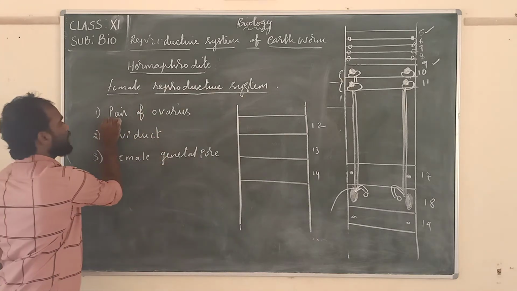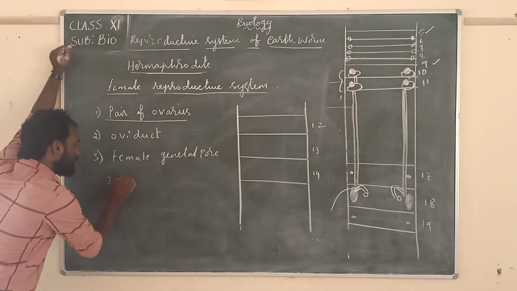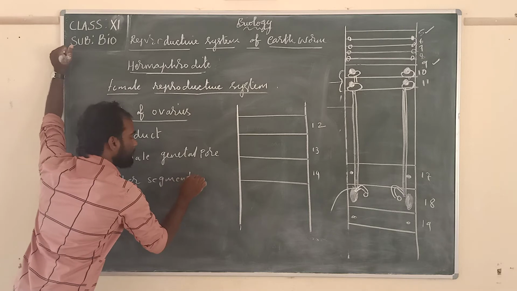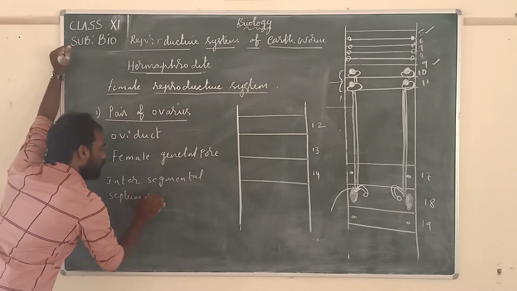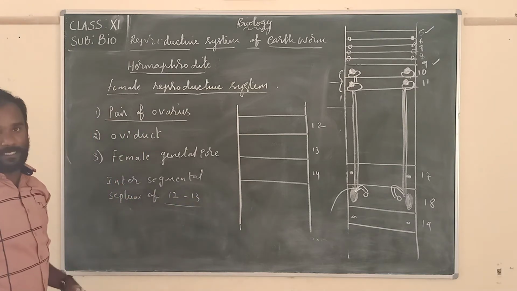Now a pair of ovaries are present at the intersegmental septum of the 12th and 13th segment.